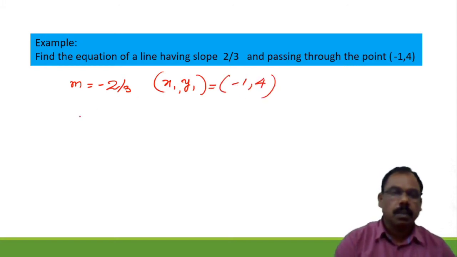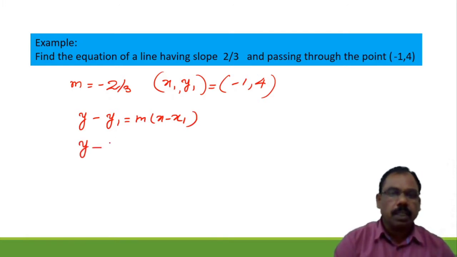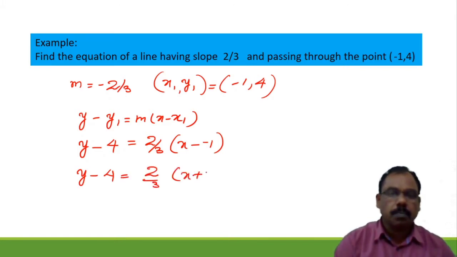Our equation is y minus y1 is equal to m into (x minus x1), or y minus 4 is equal to 2 by 3 into (x minus (minus 1)). That is, y minus 4 is equal to 2 by 3 into (x plus 1).